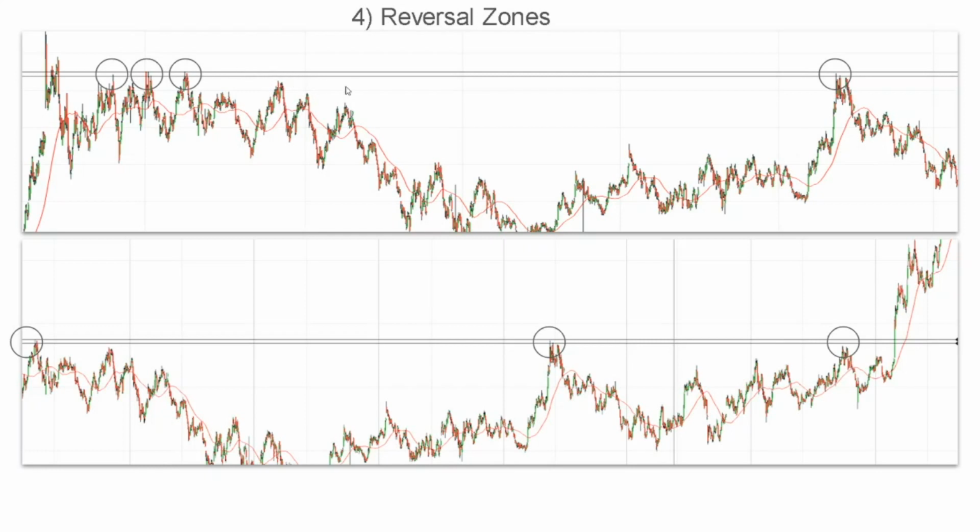So approximately five times this resistance level has been tested. And the next time that the price approaches this resistance level, there is definitely a higher chance of reversal as compared to a resistance level that has been touched three times, right? Of course, if a resistance level has been touched three times, it is considered a valid resistance. But the more times the level has been tested, the stronger it becomes.